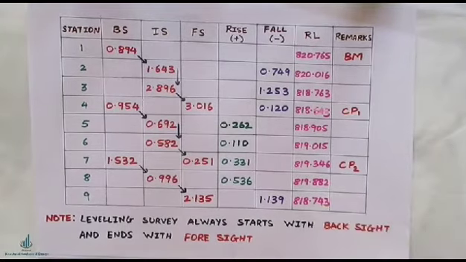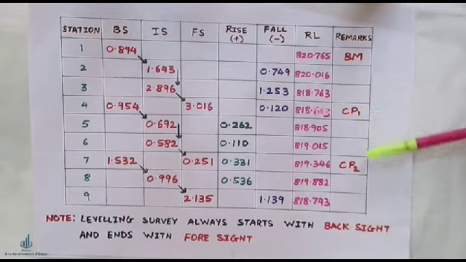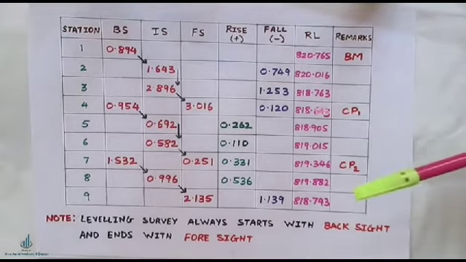As usual, in the remarks column the first will be the benchmark value, then whenever there is a change point you have to mention CP1, CP2. In this problem there are two change points, so CP1 and CP2. Before writing in the field book you have to remember the survey starts with a backsight and ends with a foresight. Wherever there are change points you will get values in the backsight column as well as the foresight column.